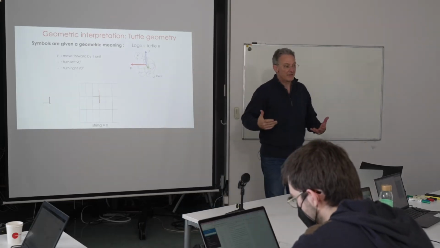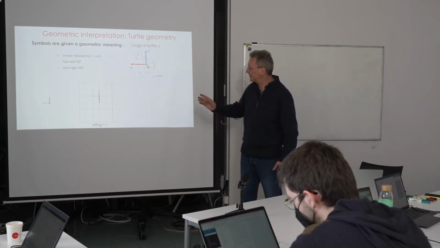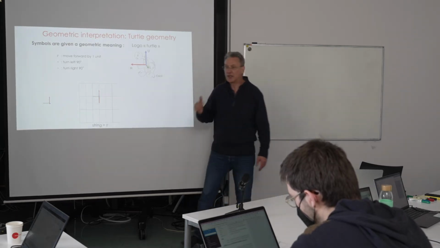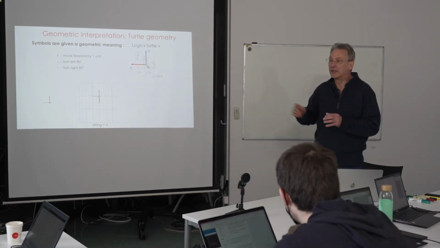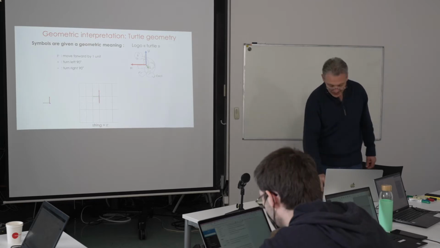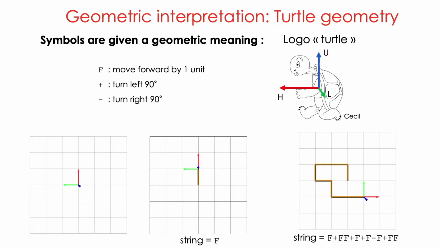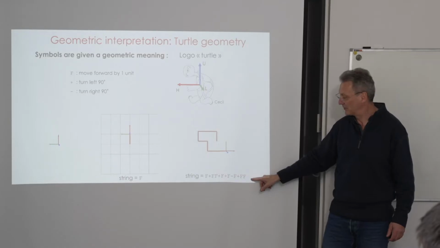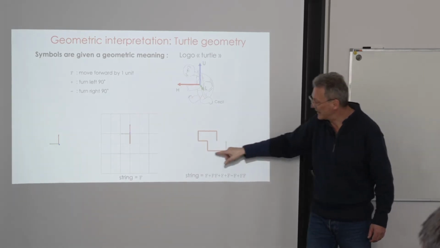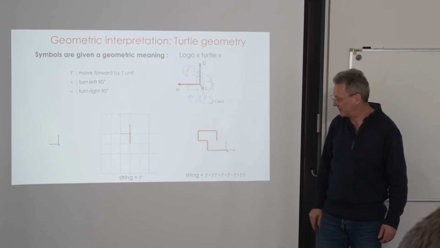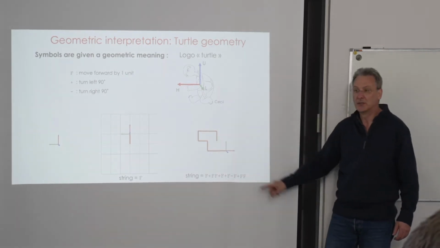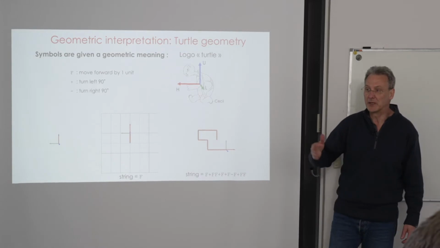So if I say F, she will go upwards in this direction, and create one path element that will be represented here by a cylinder. Then I can give, using this vocabulary, a string of instructions that will make the turtle wander around in the space according to what she reads, one symbol after the other.